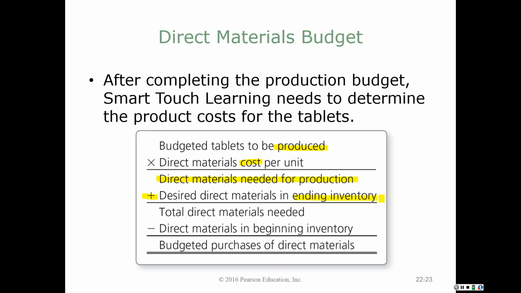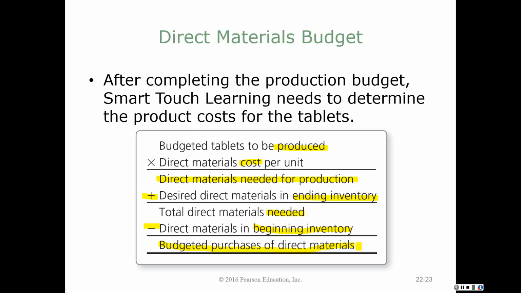Because if we run out of raw materials inventory, that stops our production process. So what do we need for production plus what do we want in ending inventory? These are the total direct materials that we need, but back out any raw materials that we already had in beginning inventory. Now I know the budgeted cost of direct materials for that particular quarter.